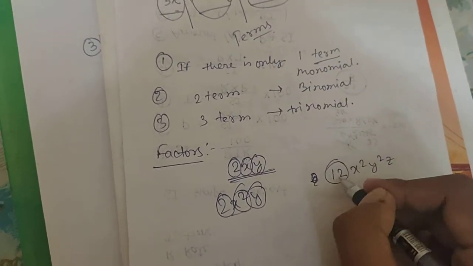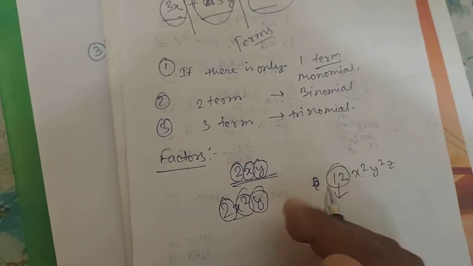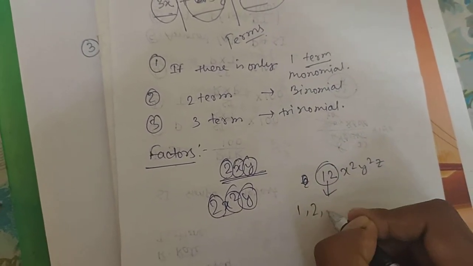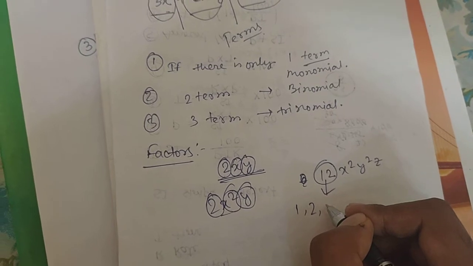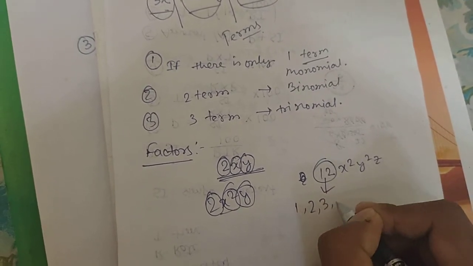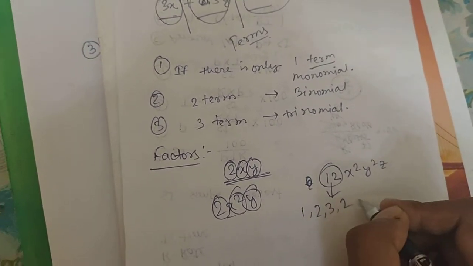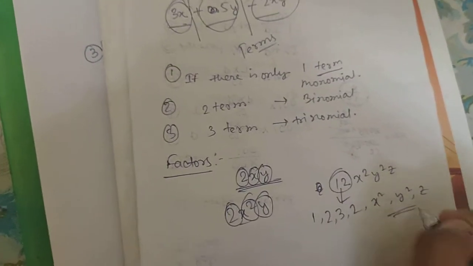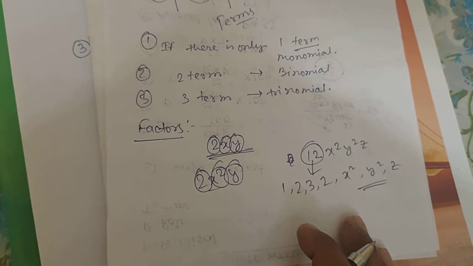Then 12 if we factorize it, it will be 1, 2, 3, 2 and x square and y square and z. These are factors.